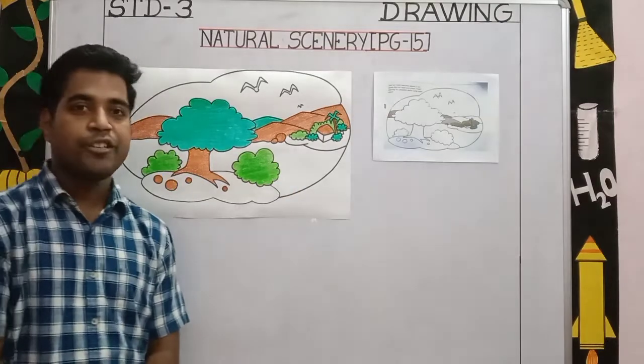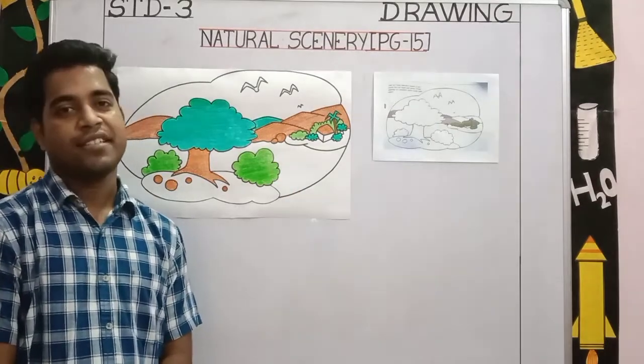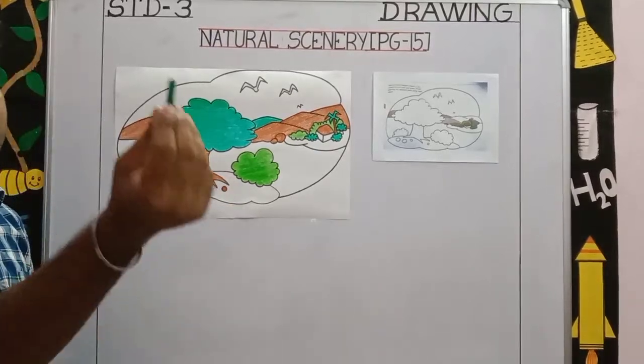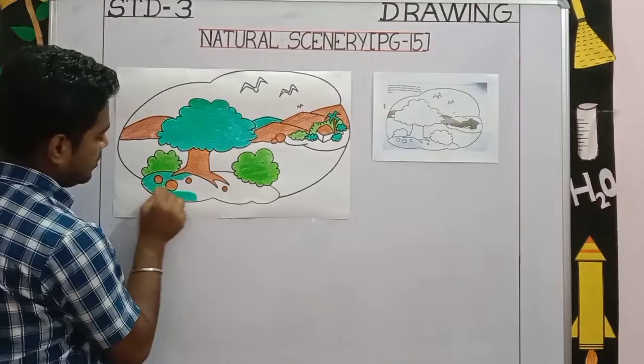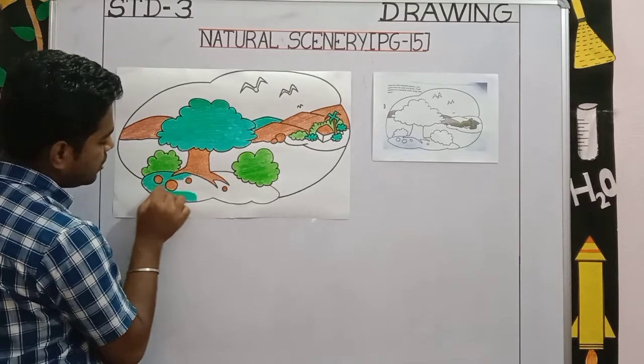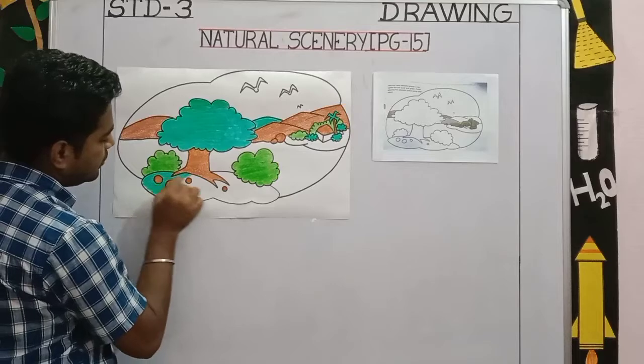Isn't it looking beautiful, children? Yes. Now we are going to color this part with again a darker shade of a green color, children, so that your painting or your drawing should look pretty.